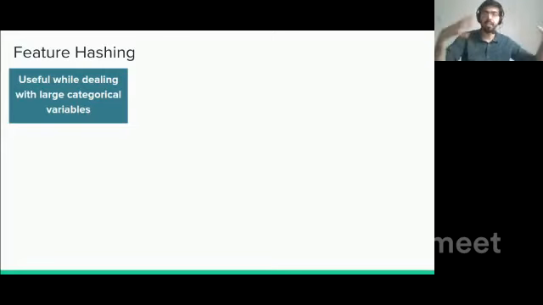You have the curse of dimensionality, you have compute problems, and that is problematic, right? So how can we find ways to reduce the dimensions that we have and yet represent all categories? That's why different people are trying out different techniques, and one of them is feature hashing.